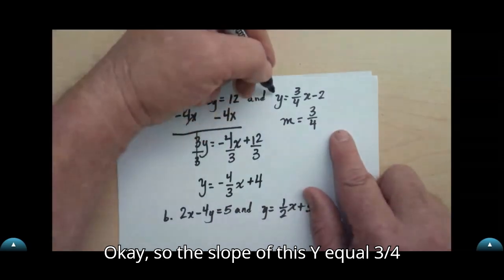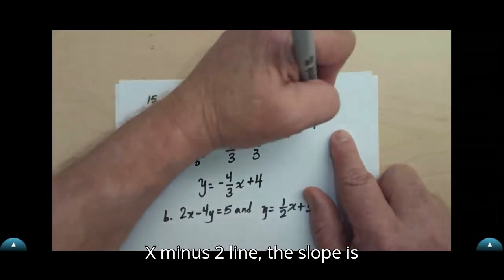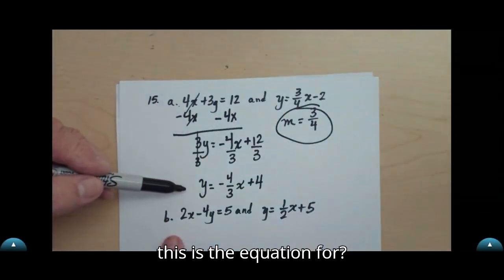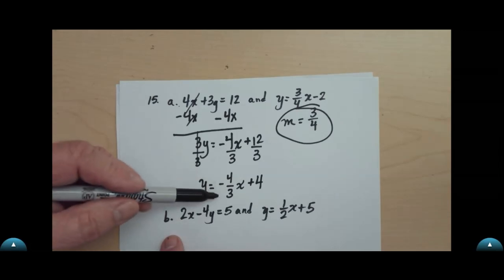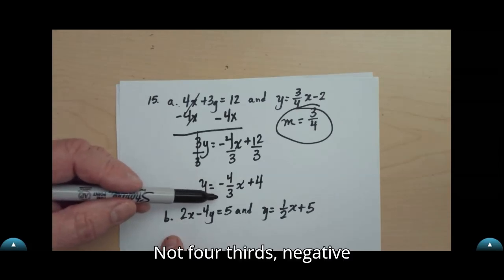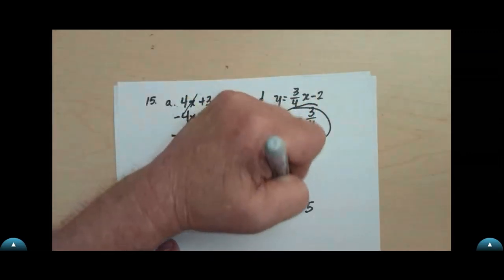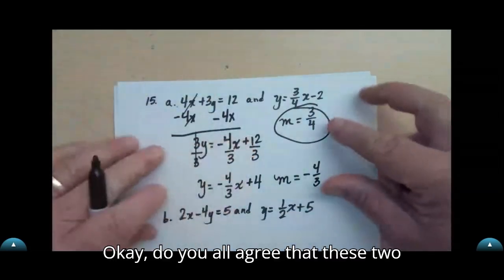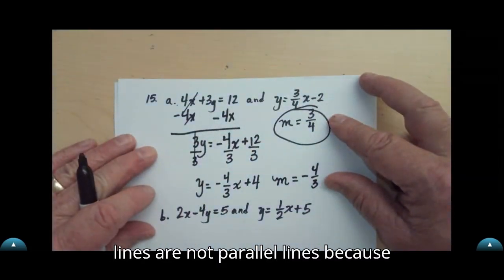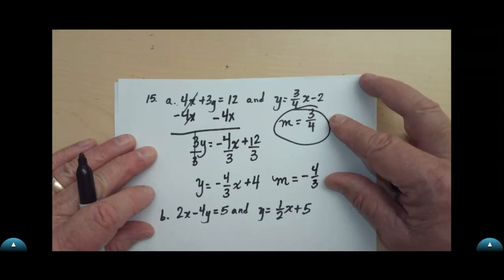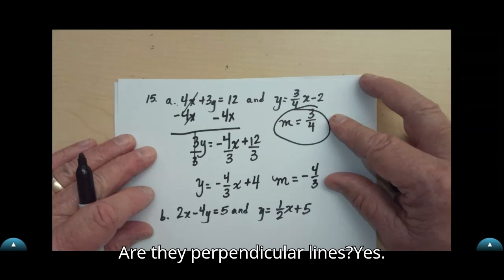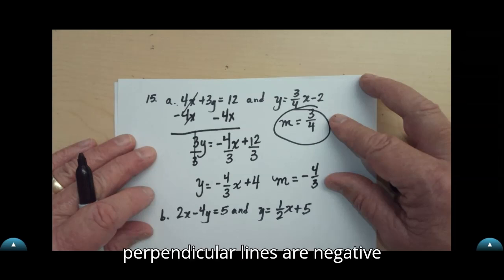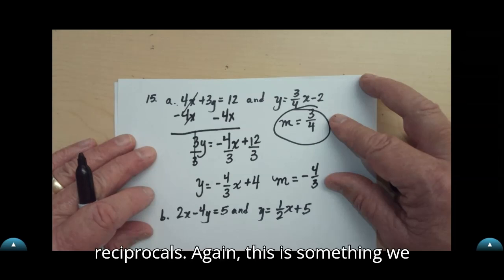Okay, so the slope of this y equals 3/4 x minus 2 line is 3/4. What is the slope of the line that this is the equation for? Not 4/3, negative 4/3. Okay, do y'all agree that these two lines are not parallel lines, because parallel lines have the same slope? Are they perpendicular lines? Yes. Why? Because the slopes of perpendicular lines are negative reciprocals.